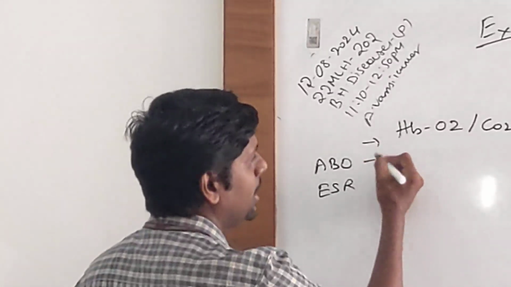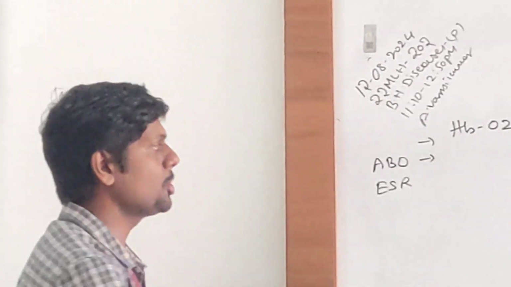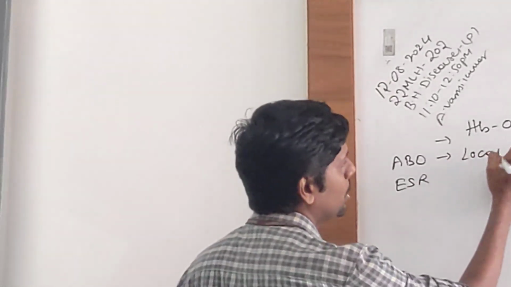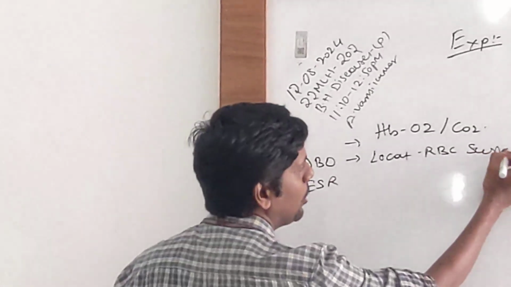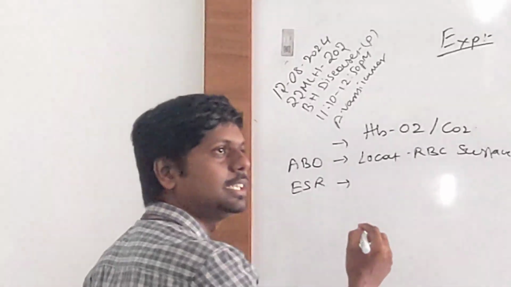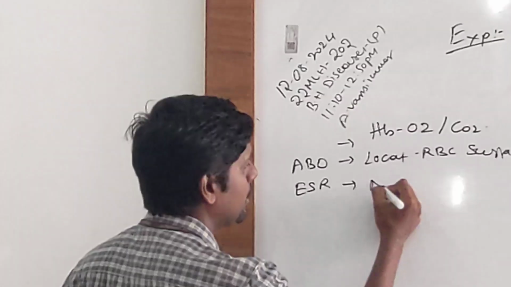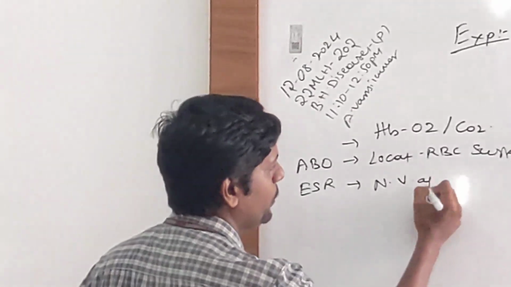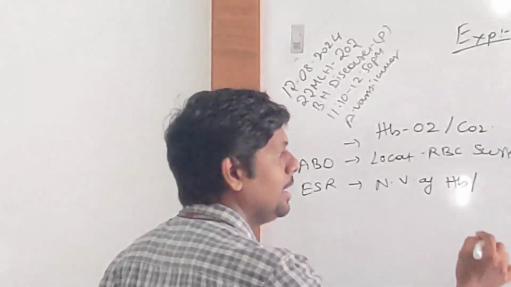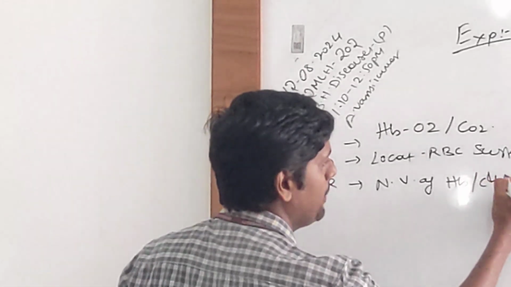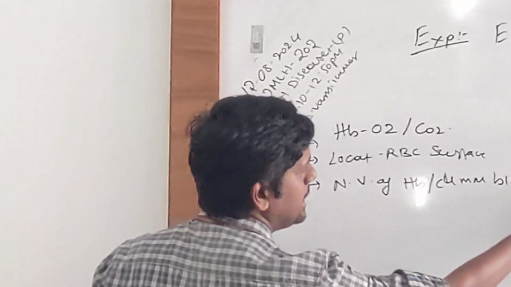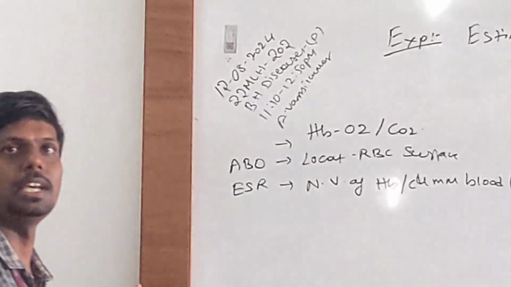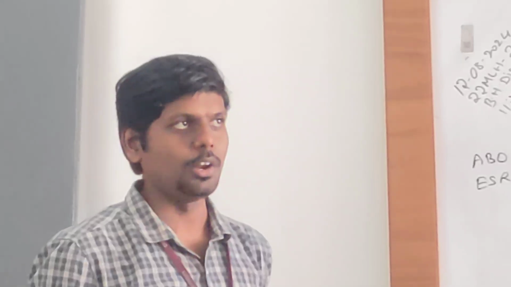Where is hemoglobin located? Inside the RBC. Very good. Then what is the normal value of hemoglobin per deciliter of blood?